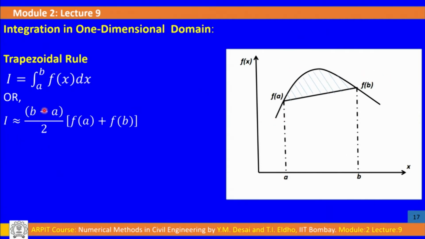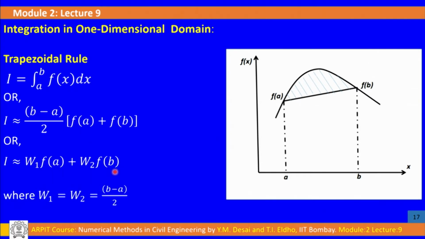I is approximately given by b minus a by 2 into f a plus f b. We could have rewritten this expression as I approximately equal to W 1 f a plus W 2 f b, where W 1, W 2 are weights, each b minus a by 2. Okay. So, this is the trapezoidal rule we all are familiar with.